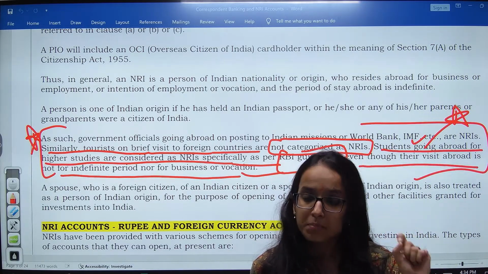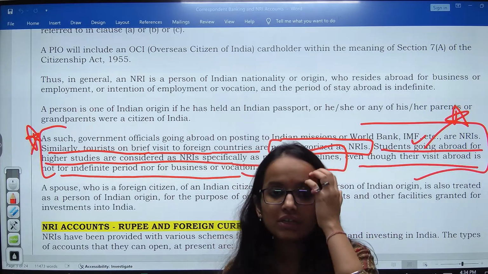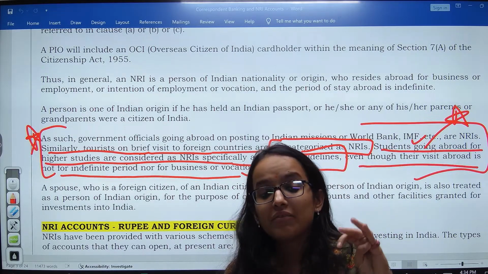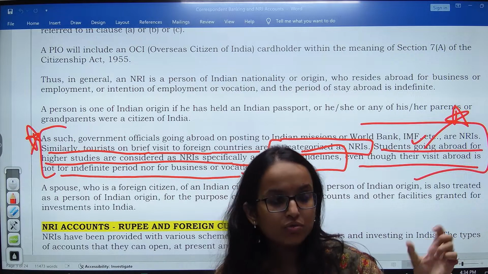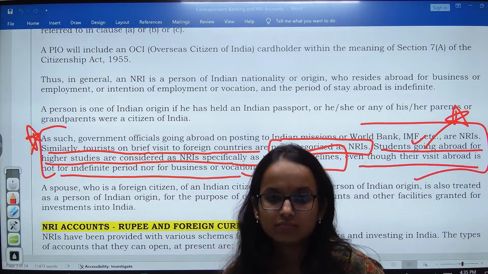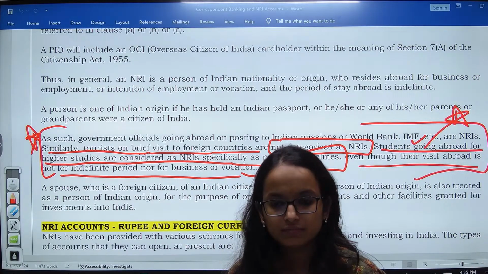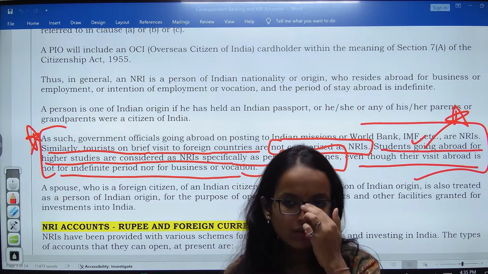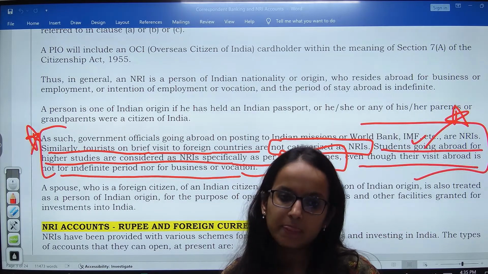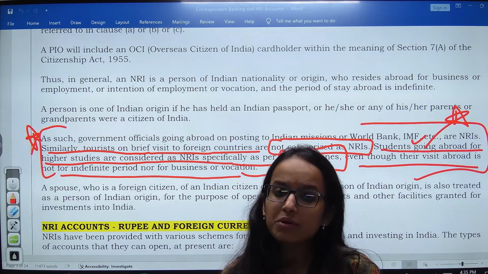But a student, now you would say that students do not have an indefinite stay, students go for say a 1 year, 2 year course over there, a 1 year, 2 year period of time, isn't it? So, what about those students?